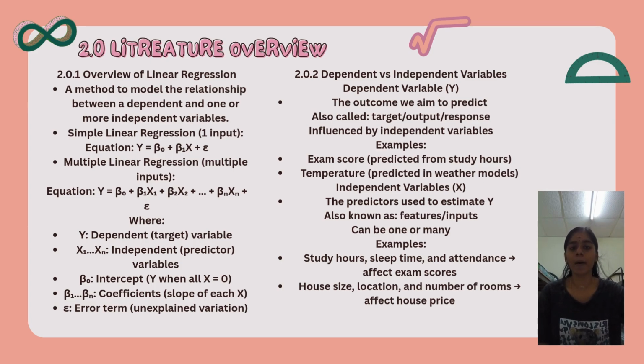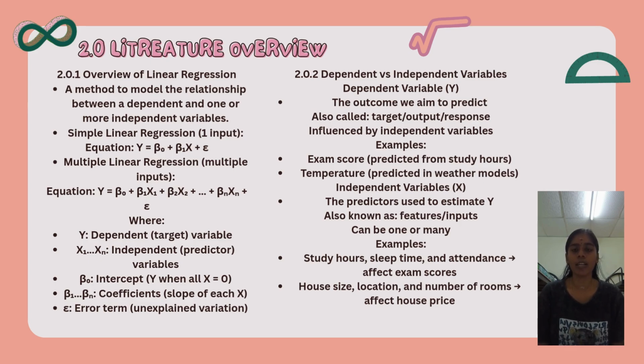Now, let's talk about the variables involved in regression. The dependent variable, or y, is what we are trying to predict. It's also called the target, output, or response. For example, exam scores can be predicted from study hours. The independent variables, or xs, are the predictors we use to estimate y.